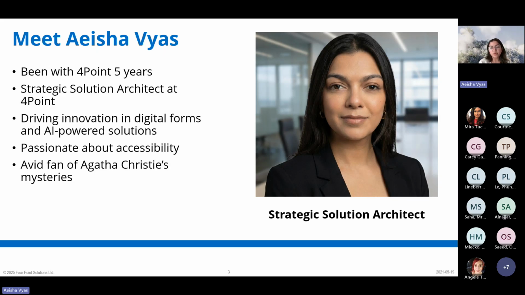A core part of my work is centered on accessibility, making sure the way people interact with forms actually works for different abilities, devices, and real world situations. I spend a lot of time helping teams understand how accessibility shows up in practice, especially in forms that are already in use and are already critical to business processes.